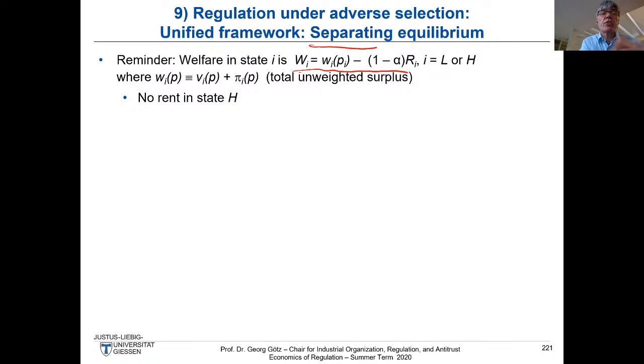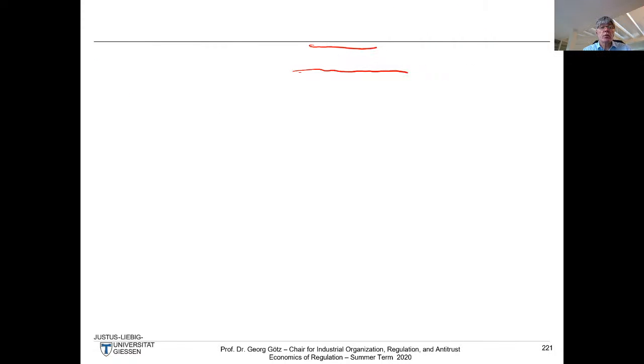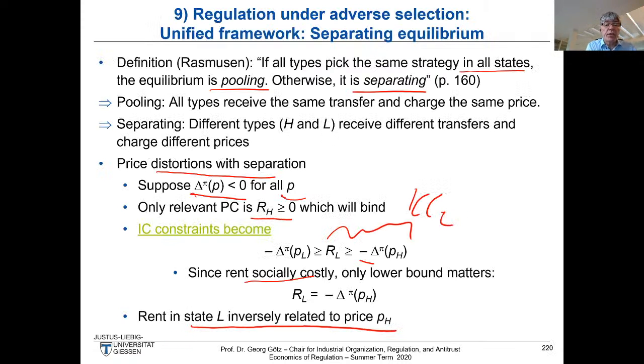And what is welfare? That's what we just derived up there. And again, W, small w, is just total unweighted surplus. And now you might wonder why we did all this stuff here.